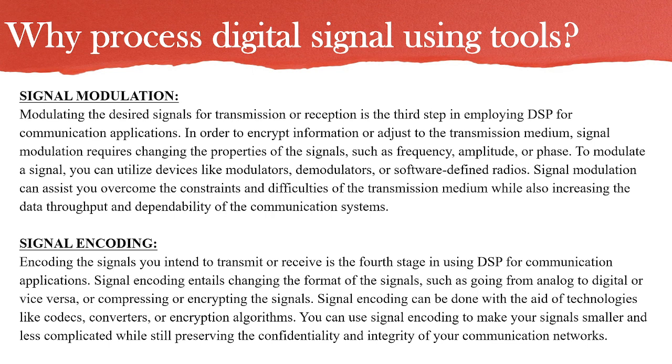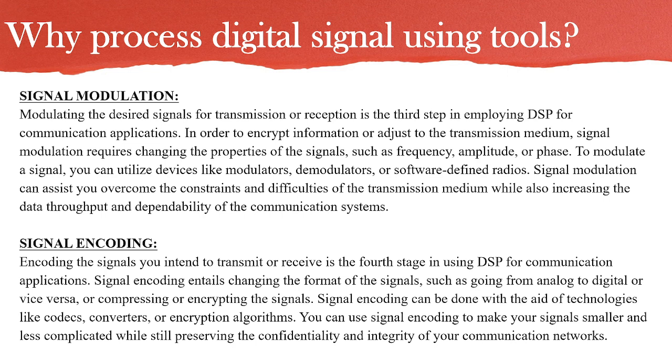Next is signal modulation. This tool helps you to overcome the constraints and difficulties of transmission while also increasing the data throughput and dependability of the communication system. Examples of these are modulators, demodulators, and software-defined radios. Next is signal encoding.